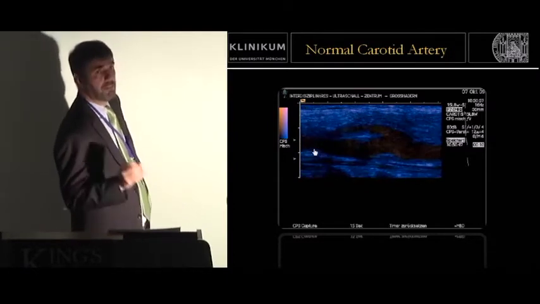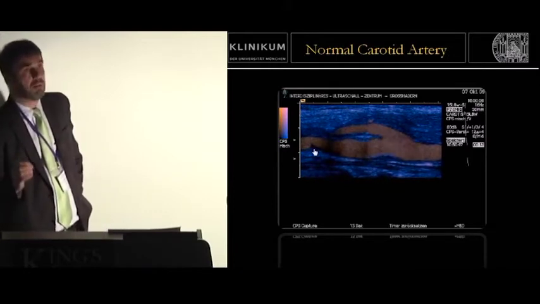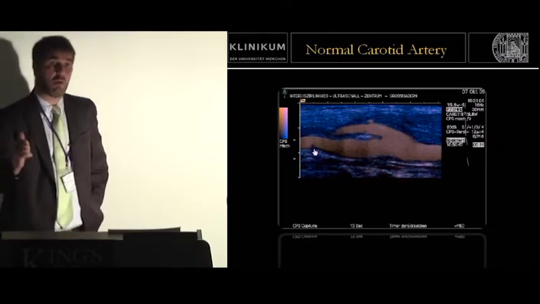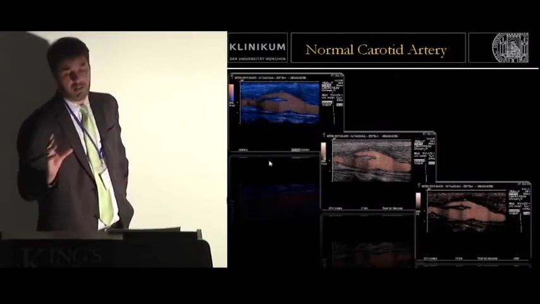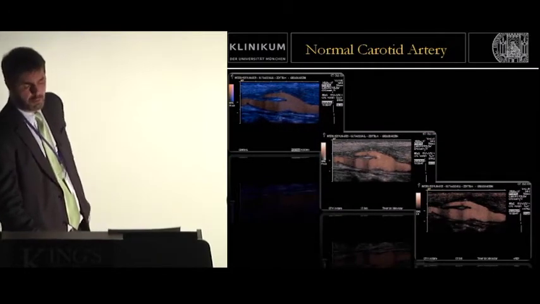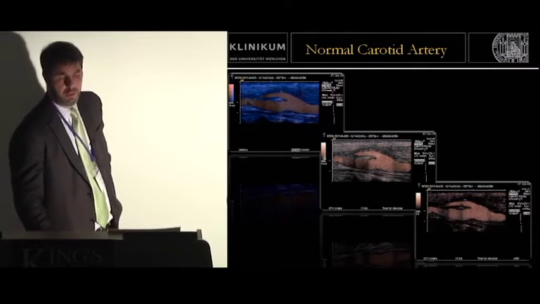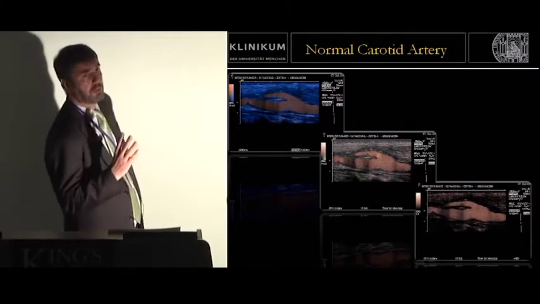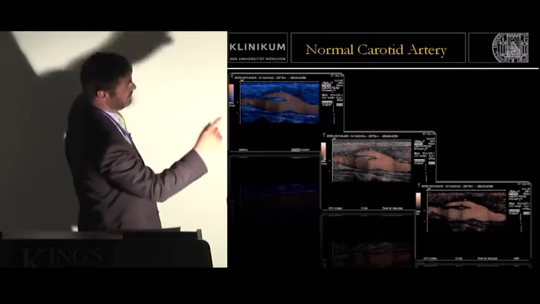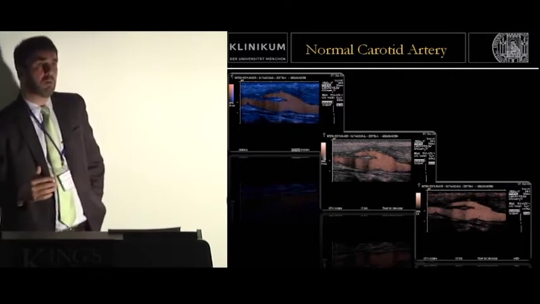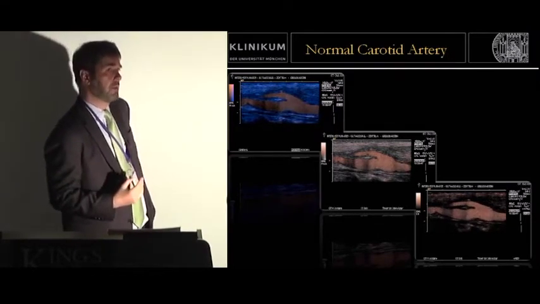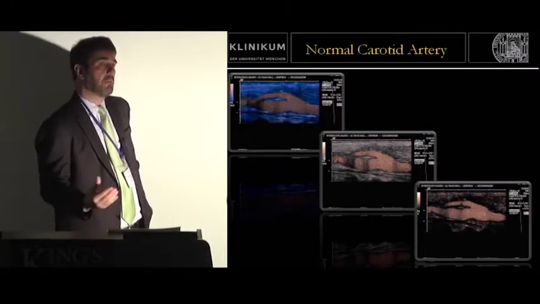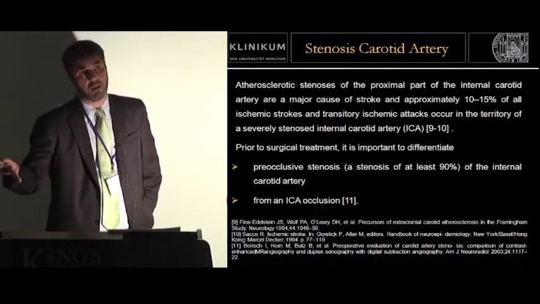But you see a very bright vessel without overriding artifact and without limitation by the scanning angle. It's up to you whether you would like to have just the pure contrast signal on the right side, or whether you would like to mix it with some background information. I personally prefer the background information because then we have some anatomic landmarks on the image.